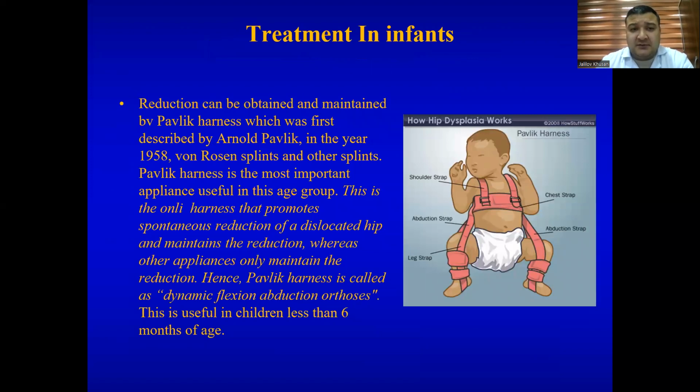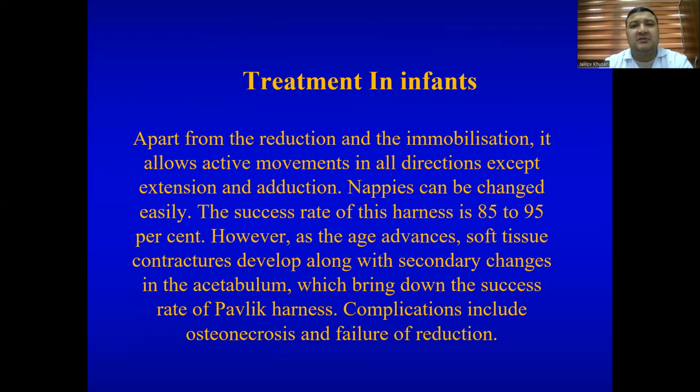Treatment in infants. Reduction can be obtained and maintained by a Pavlik harness, which was first described by Arnold Pavlik. Apart from the reduction and immobilization, it allows active movements in all directions except extension and adduction.